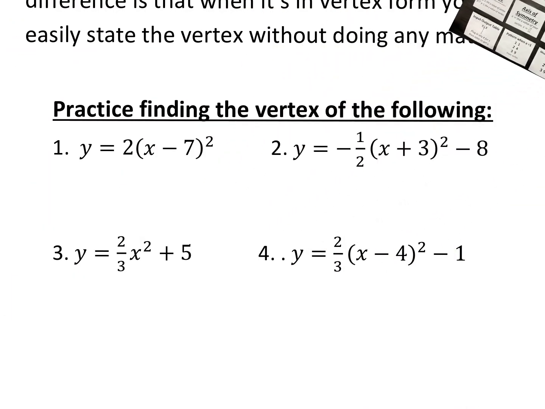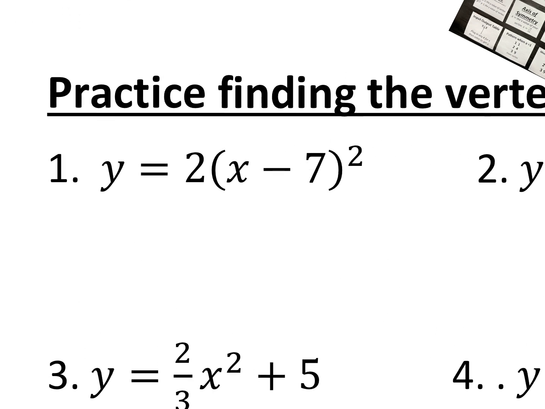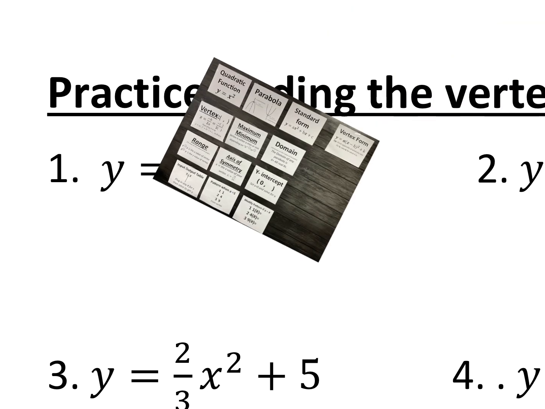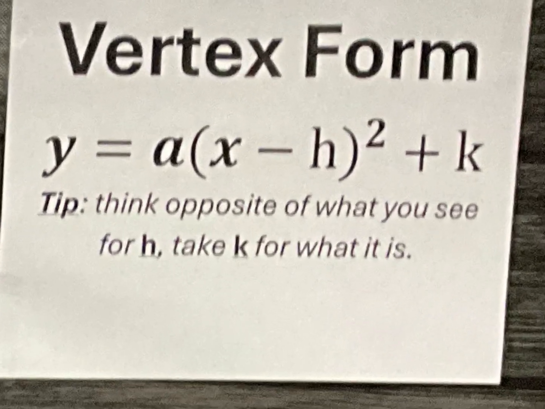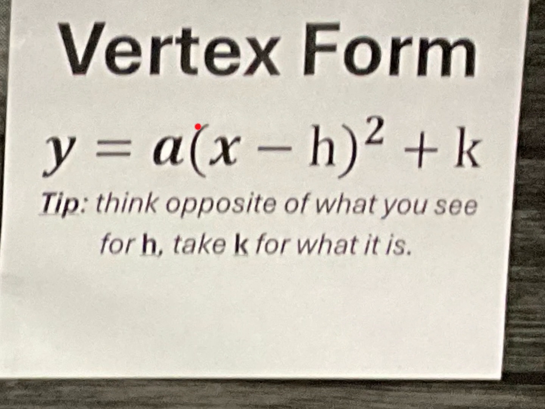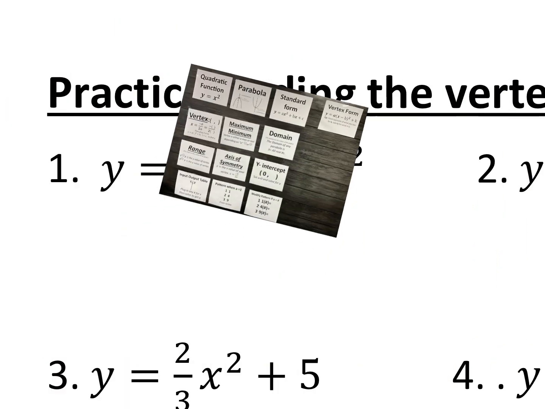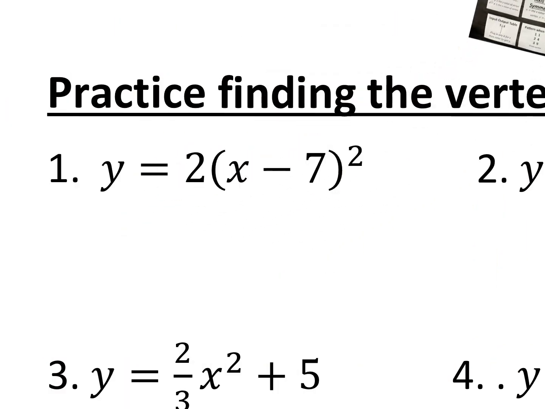So, Jose, what is the h value of number 1 right here? What's the h value? H is always going to be inside parentheses, being subtracted from x. So what is our h value right there? 7. That's right. So we could all look at this and identify the vertex.